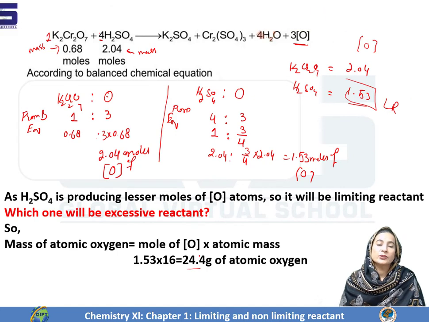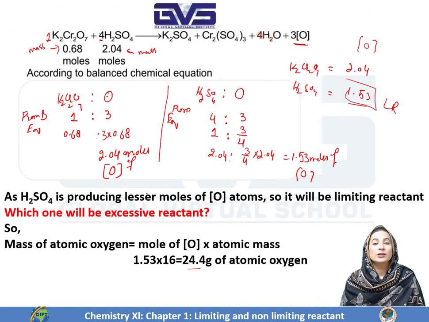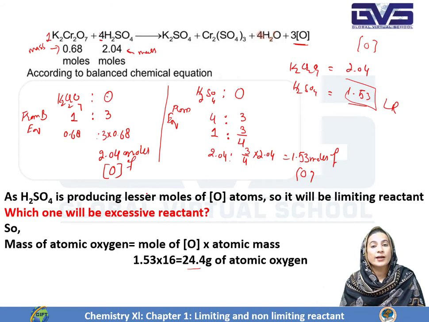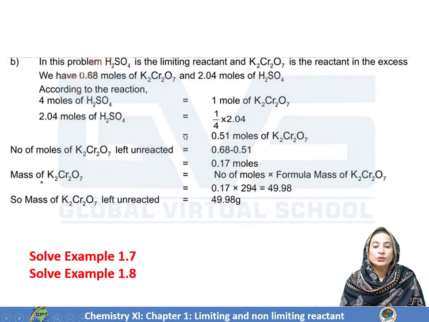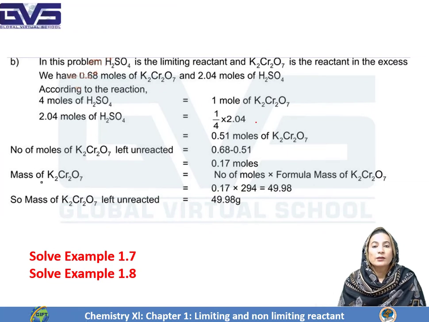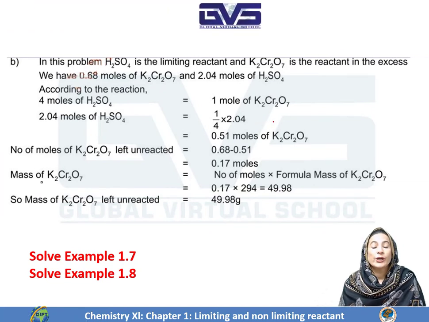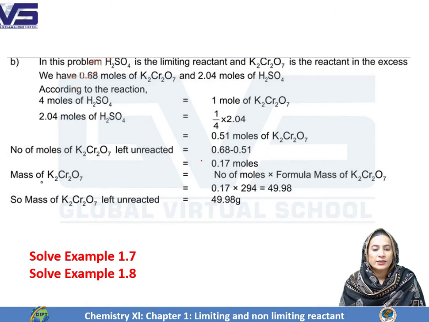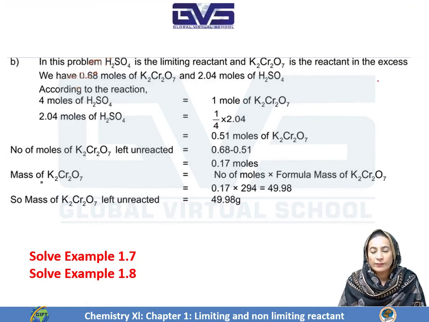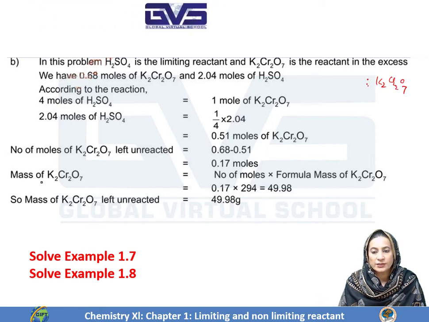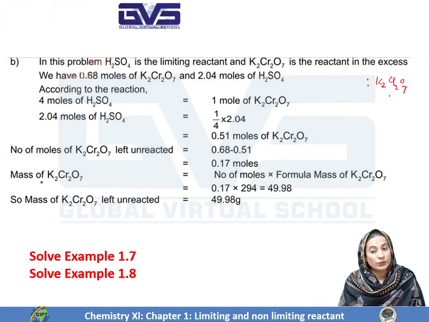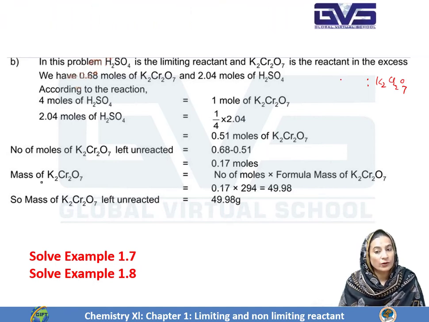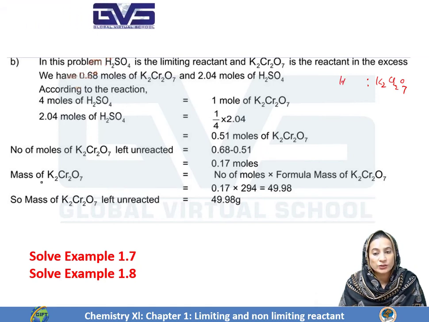Now the second question asked is how much non-limiting or excess reactant is left unreacted. That is very easy. Again, now you have to calculate the K2Cr2O7. So these are the same ratio. I will calculate again just for your simplicity, because we have to calculate the excess. The excess is K2Cr2O7, with the help of the non-limiting, that is H2SO4.